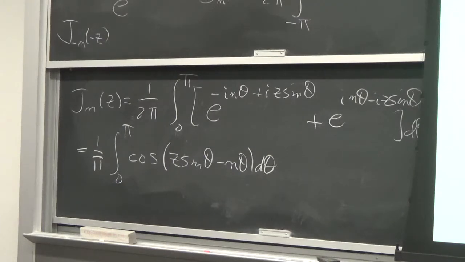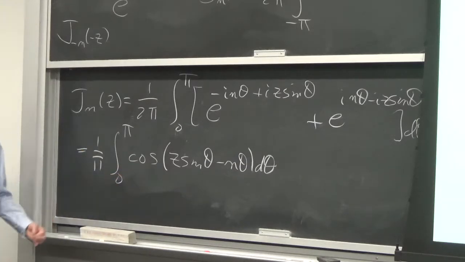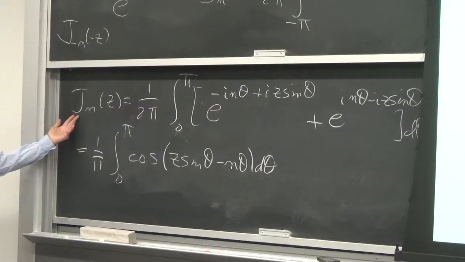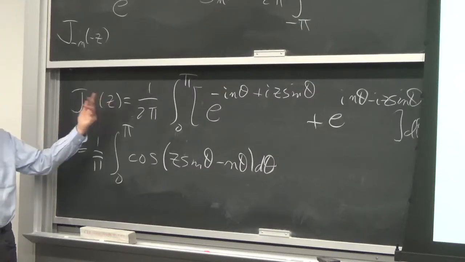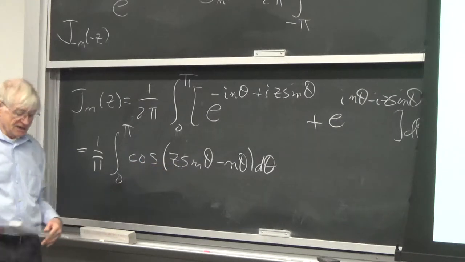I would imagine it was a very surprising result to the people who first worked it out. Here the Bessel function was originally defined as an infinite series involving z to the n, and now we've re-expressed that as an integral of trigonometric functions.